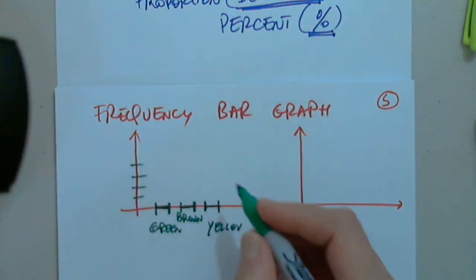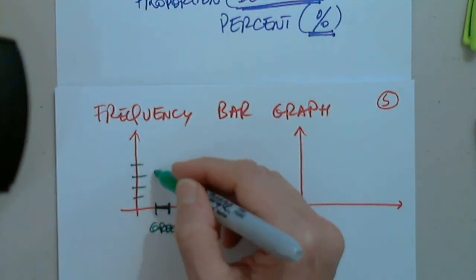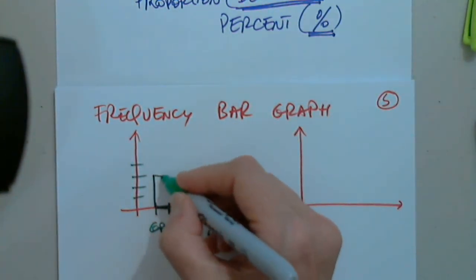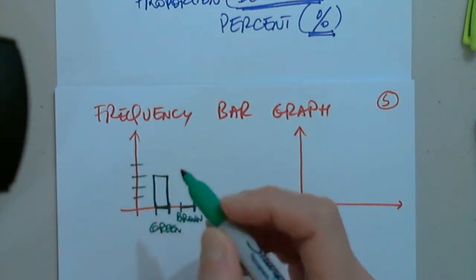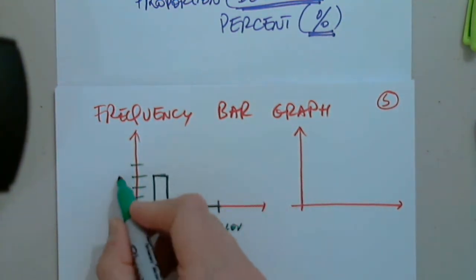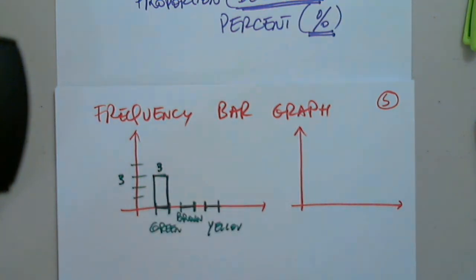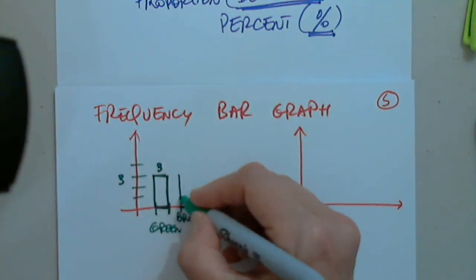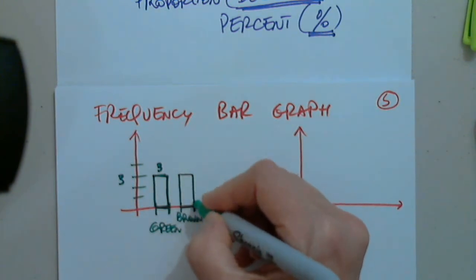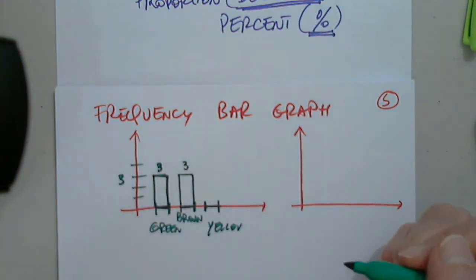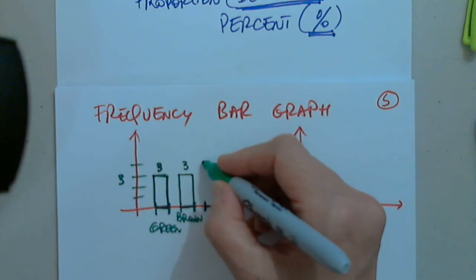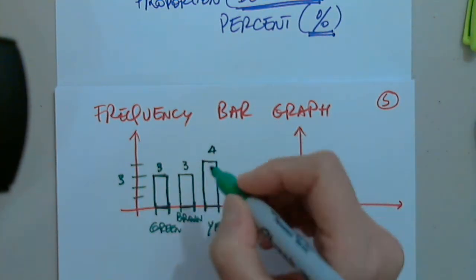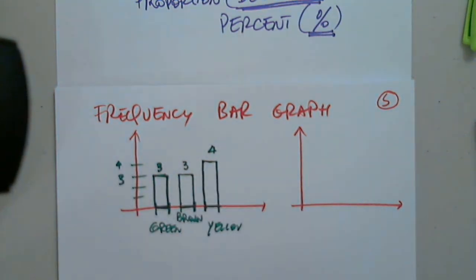The height for the green has to be at 3, and you can put 3 at the top. For brown, same thing, height at 3. But for yellow, I have 4. Height at 4, and you put 4 at the top.